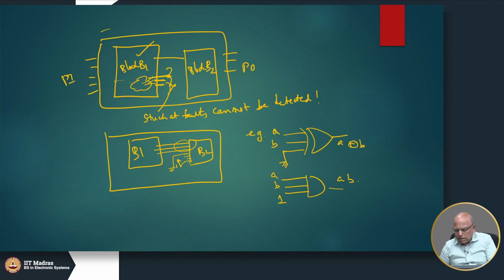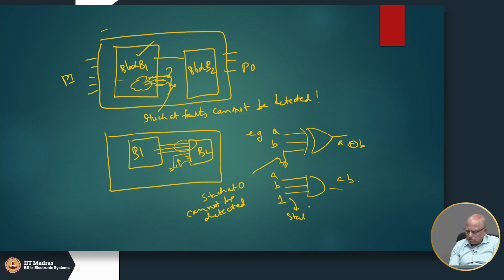If there are such things happening in the circuit, then you will realize that the stuck at 0 fault here cannot be detected. Because there is no way I can activate such a fault. Similarly, a stuck at 1 here cannot be detected.